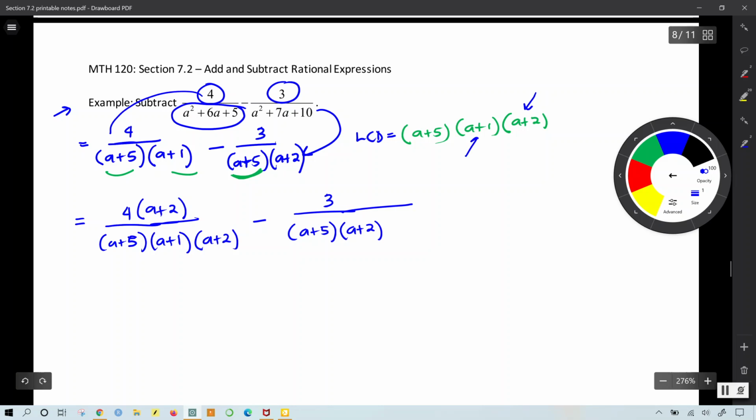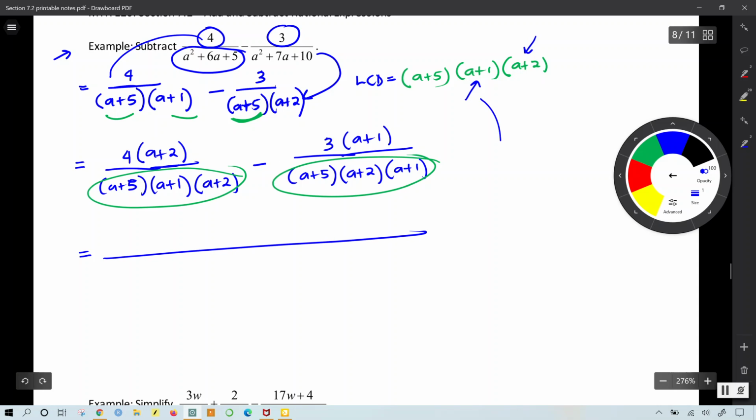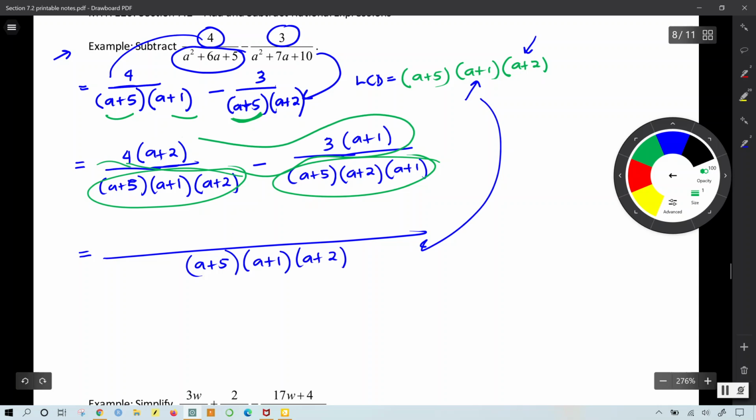This would need an extra a plus 1, both on top and on the bottom. And now that both denominators match, we can write the LCD as the denominator moving forward, and then we can focus on the upper part.